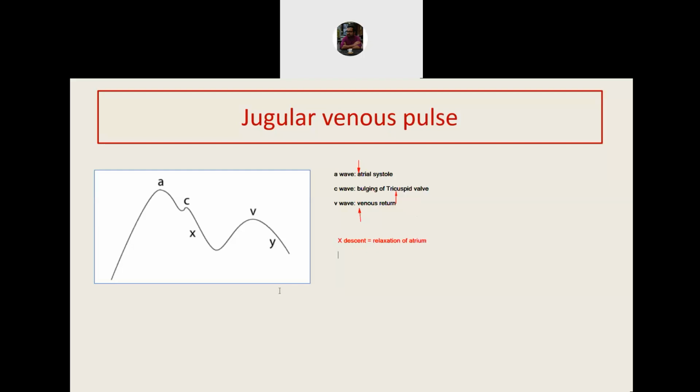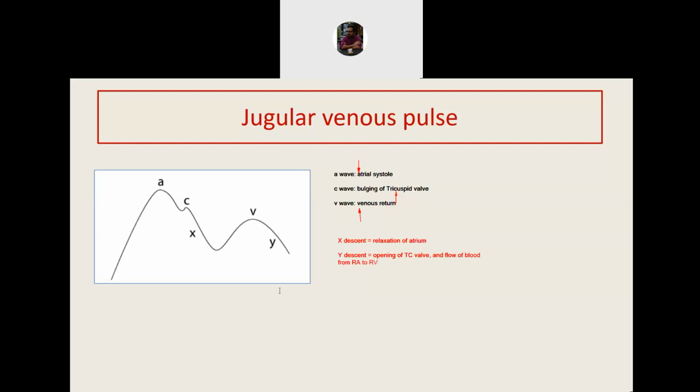That will cause the Y descent. So Y descent is caused by the opening of the tricuspid valve and flow of blood from right atrium to right ventricle.